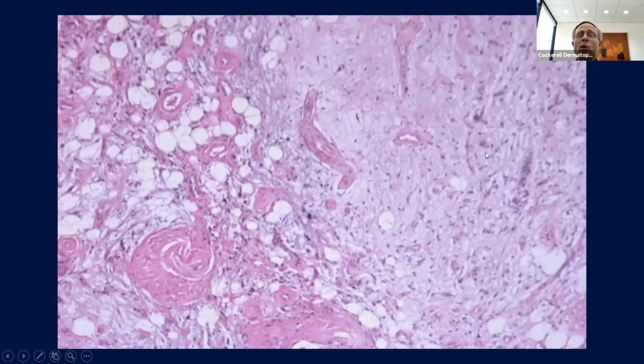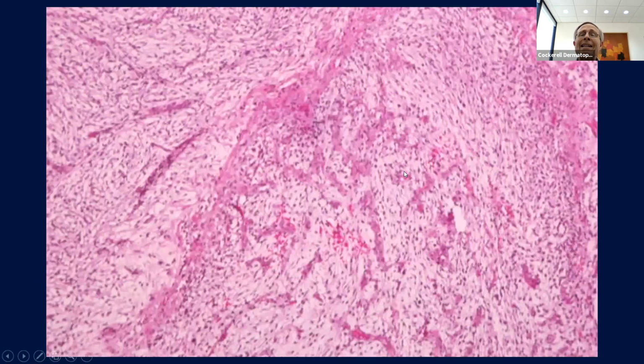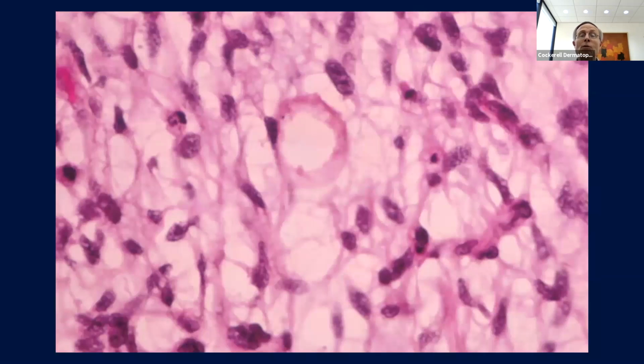If you just get the myxoid area, it can look very bland. It doesn't have a lot of atypicality in many cases. You can see myxoid degeneration and things like dermatofibrosarcoma protuberans, desmoplastic melanoma. So a lot of tumors can have mucin in them. If you see mucin, beware, make sure you don't have a sampling error. It doesn't have to be cancer. In this case, it was.